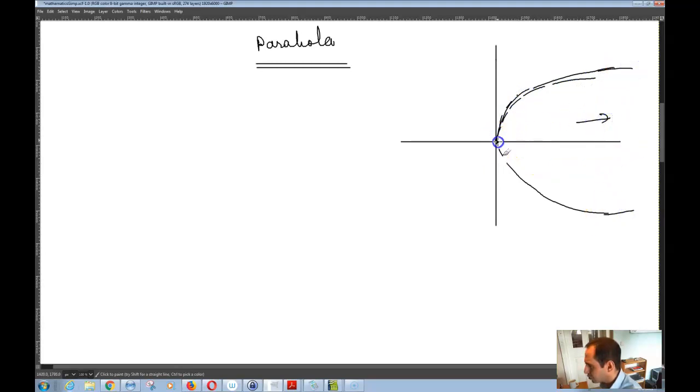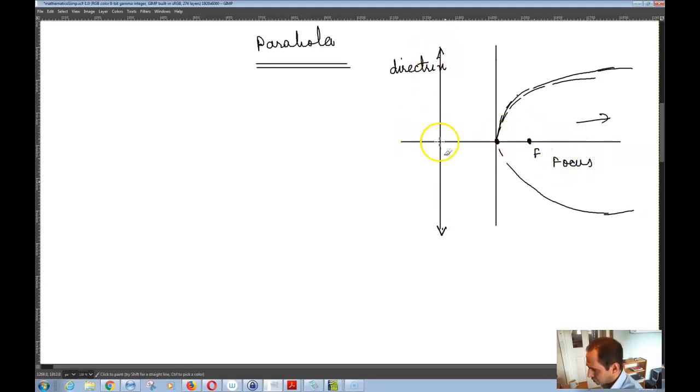Then you have this point over here, and you have some other point over here, and you have some line over here. Now, this line is called the directrix of the parabola. It's a line. And this point over here is called the F, or the focus of the parabola.